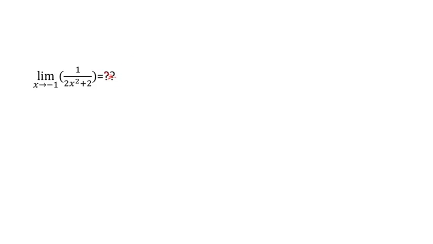Now let's go to the next example. What is the limit of 1 over quantity 2 times x squared plus 2 as x approaches -1? Again, just write the function you're trying to find the limit for: 1 over 2 times x squared plus 2. The next step is, wherever I see x, I'm just going to replace it with -1.